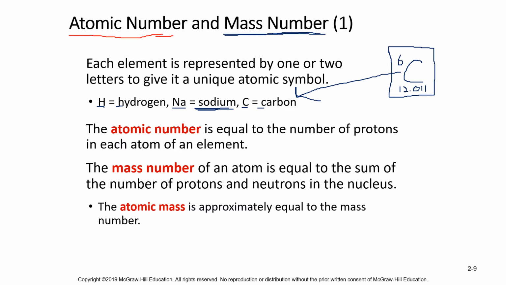So the atomic number is this number at the top. Sometimes it's in the middle, sometimes it's off to the side, but it will be towards the top of the little square.